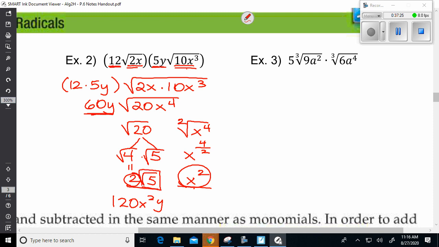Square root of 5 was the only radical left. That's your final answer: 120 x squared y times the square root of 5. So, yes, it's a mouthful. Since you have so many moving parts, you got to pay attention to what you're doing.